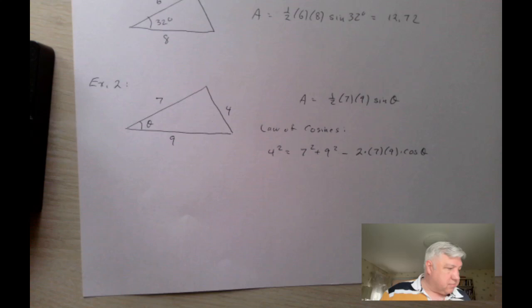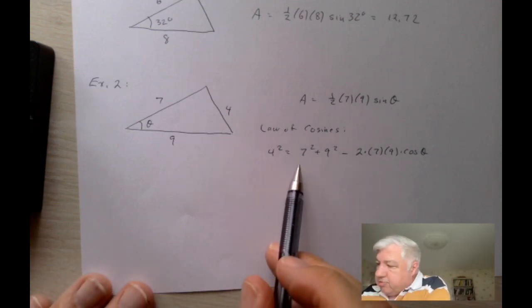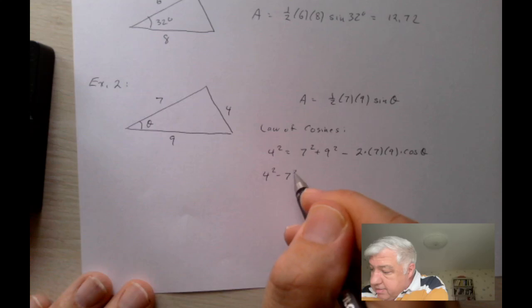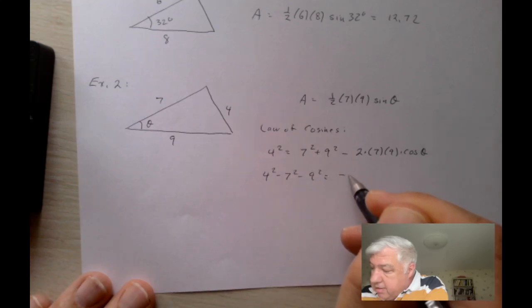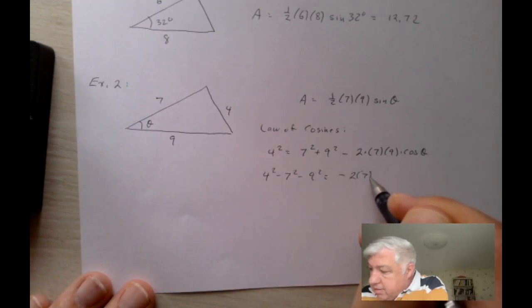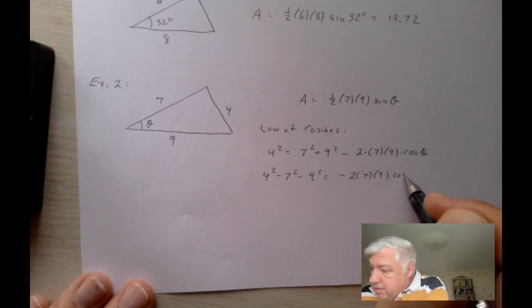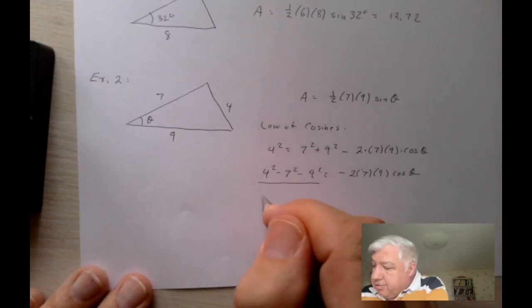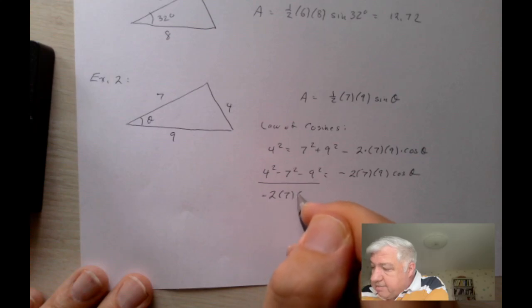We can subtract 7 squared and 9 squared from both sides, and then divide by -2 times 7 times 9.